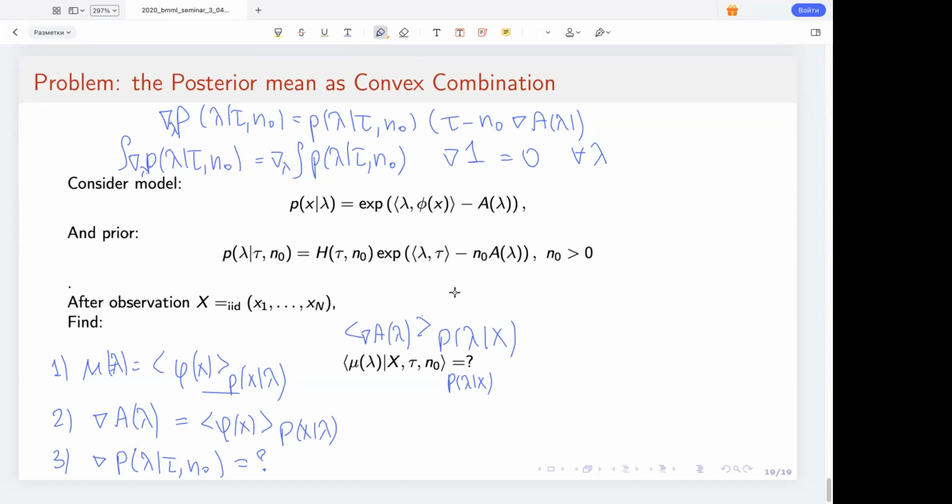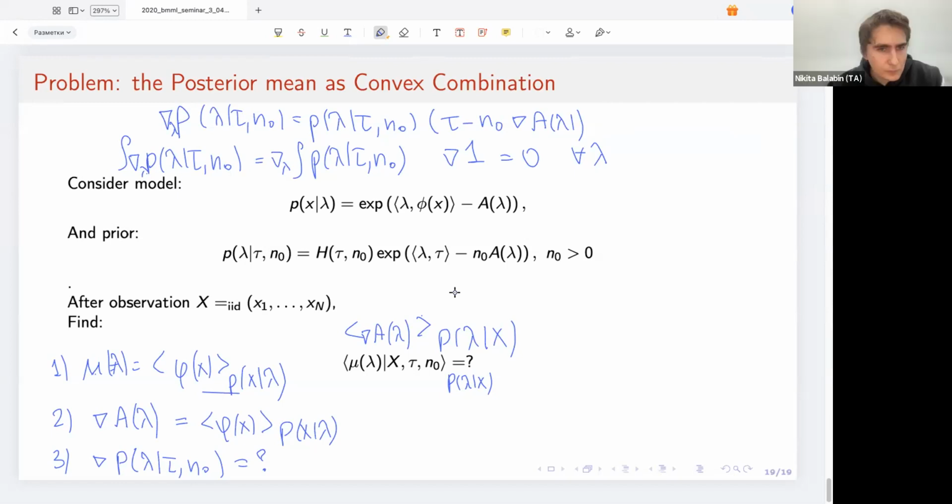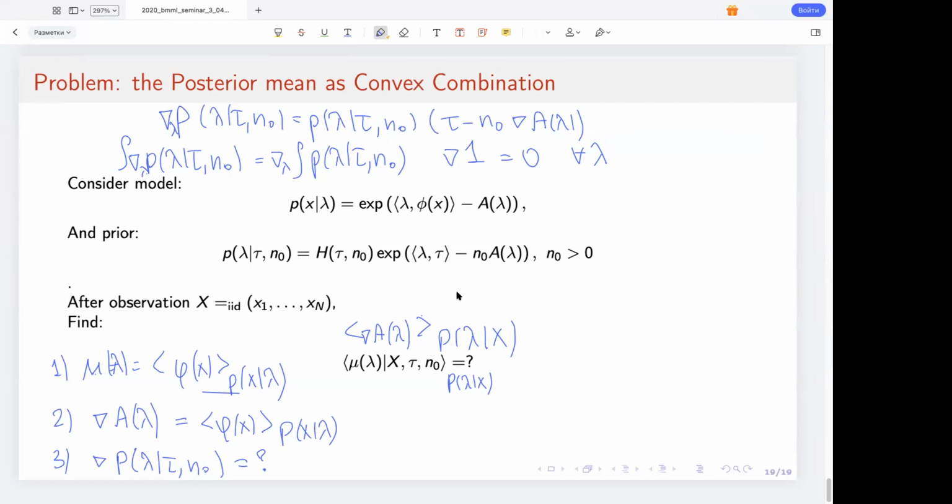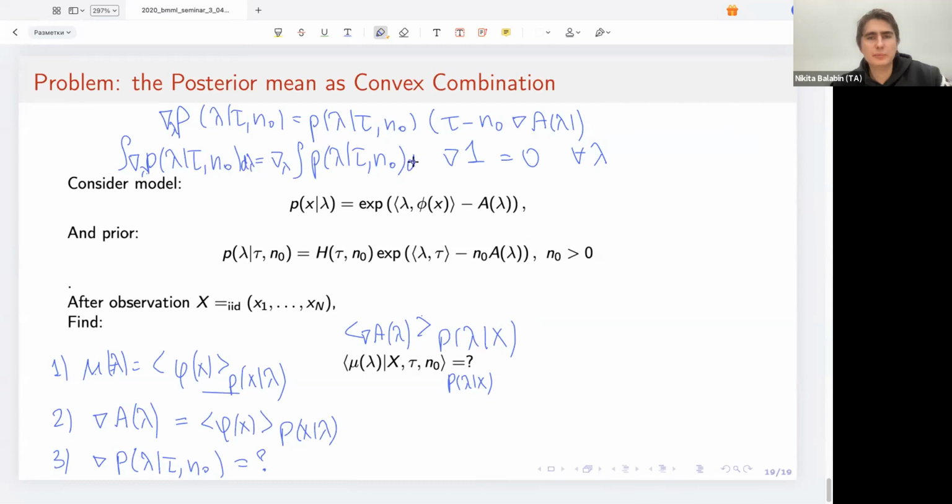Can you please go one step back: what is the plan? Why do we calculate this integral? We integrate with respect to lambda, and here we can do it. I can't remember why, I need to check it.